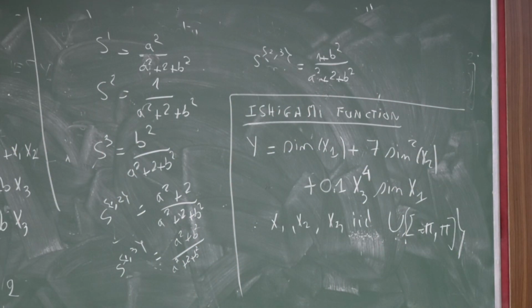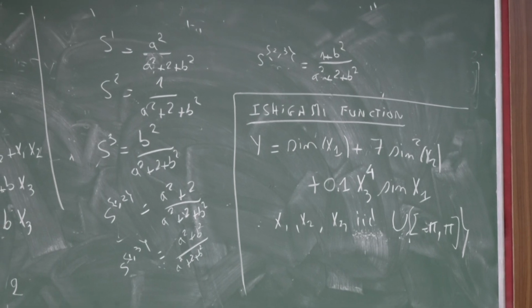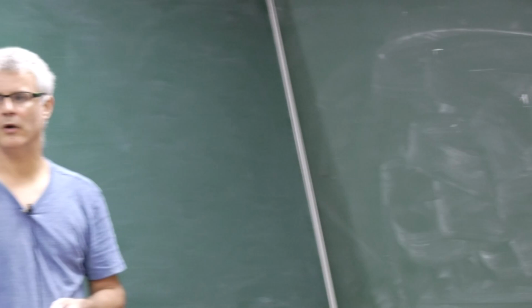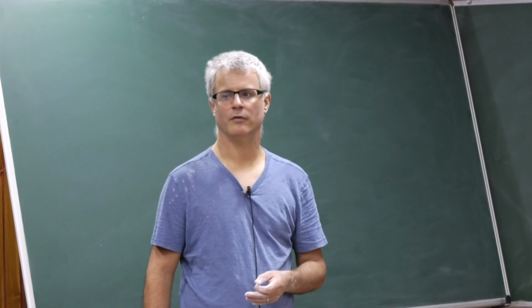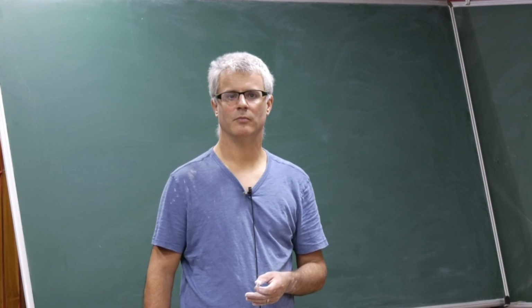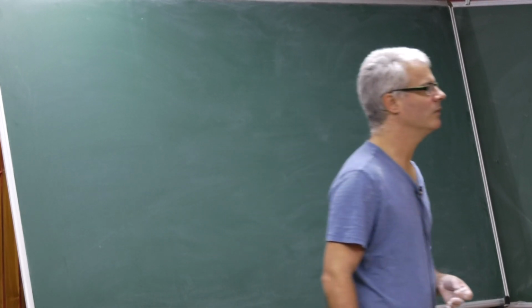Okay, so now if I'm telling you what is the most influential variable, you see that it's not obvious on the formula to decide which of the variables is the most important.